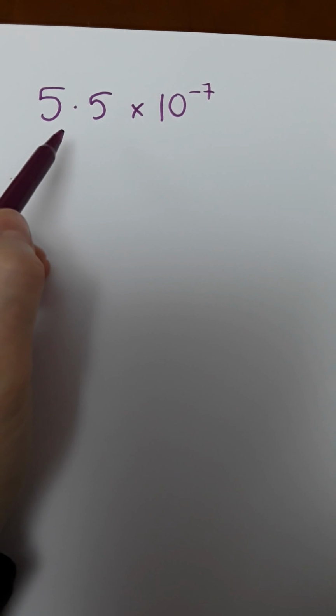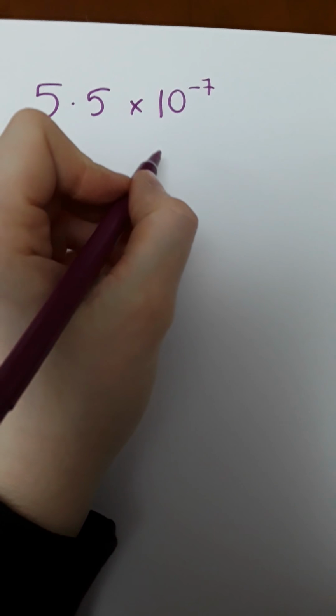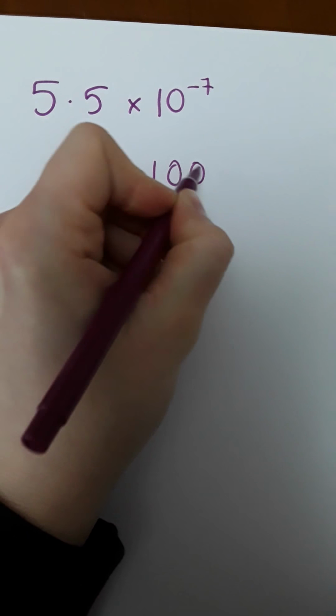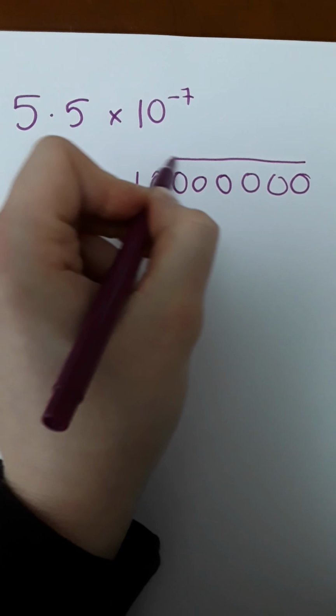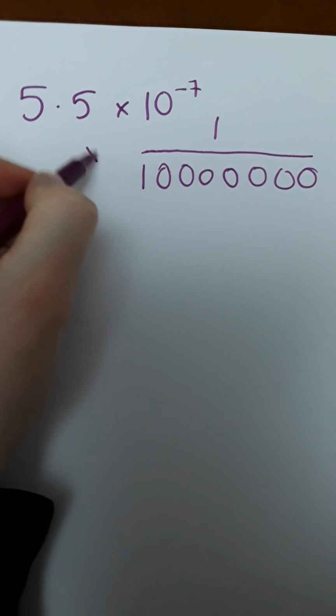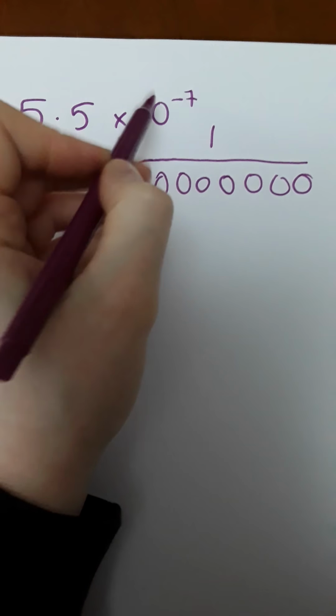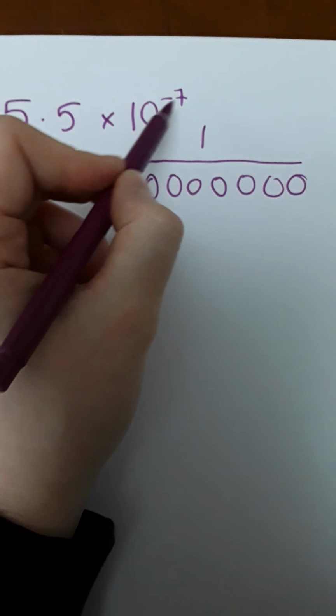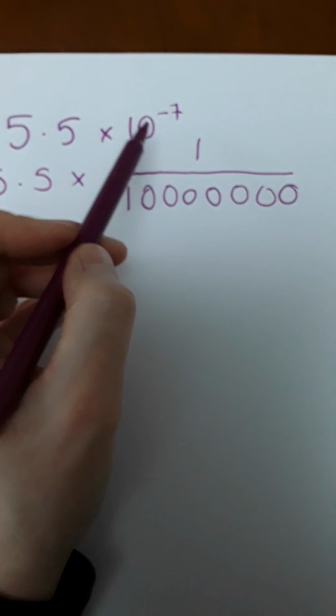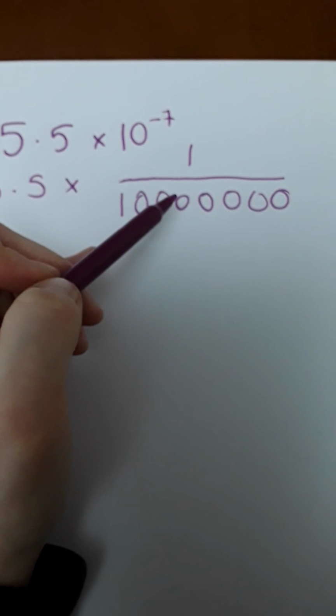So for example here, what this really means is I've got 10 to the 7, 1, 2, 3, 4, 5, 6, 7 zeros, under 1, times by 5.5, because I've got 10 to the 7, but the reciprocal of it, because it's a negative power, so I have to flip it upside down.